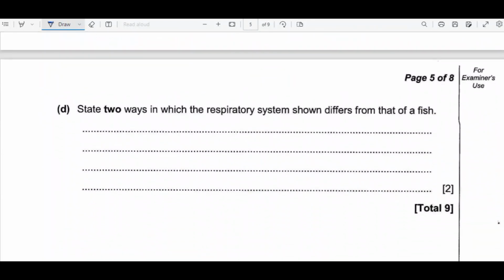Then state two ways in which the respiratory system shown differs from that of a fish.